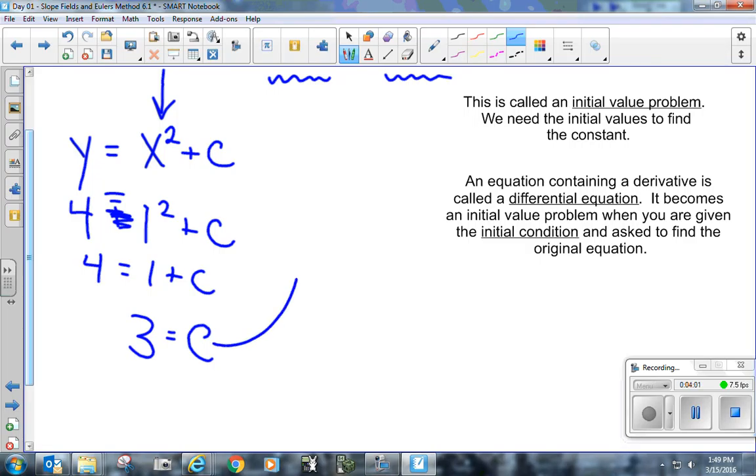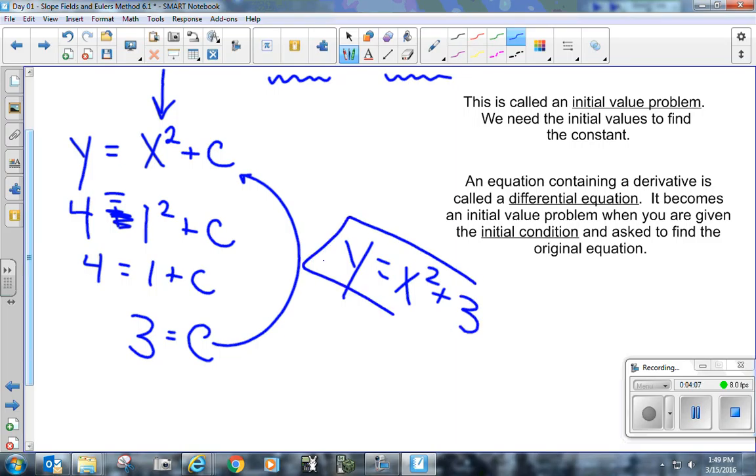So in my initial problem, y would equal x squared plus 3. It's really not that difficult. They just start to step it up with their derivatives and all that jazz.